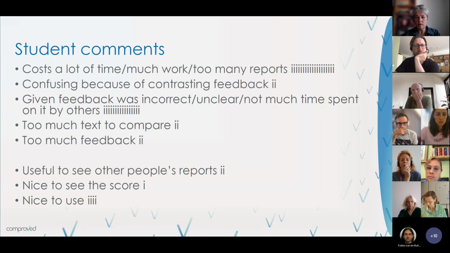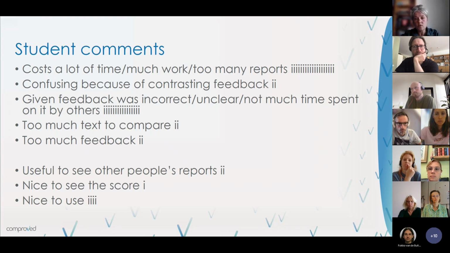When you are peer reviewed, when you write a paper, you will also sometimes have contrasting feedback. So that's nothing new. Of course, they also saw that some of the feedback that was given was just incorrect or unclear, or they saw that people just did not spend much time on it. Many of them commented on that. Again, too much text to compare and too much feedback. They felt, this is overwhelming. I get so many results.